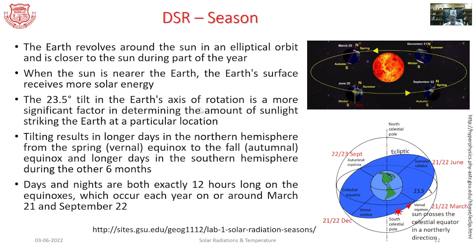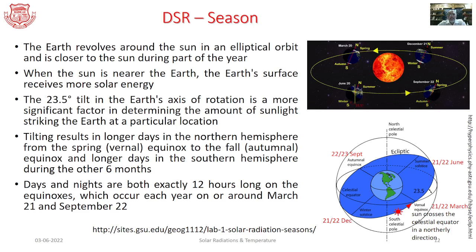The 23.5 degree tilt in the earth's axis is a more significant factor in determining the amount of sunlight striking the earth at a particular location.